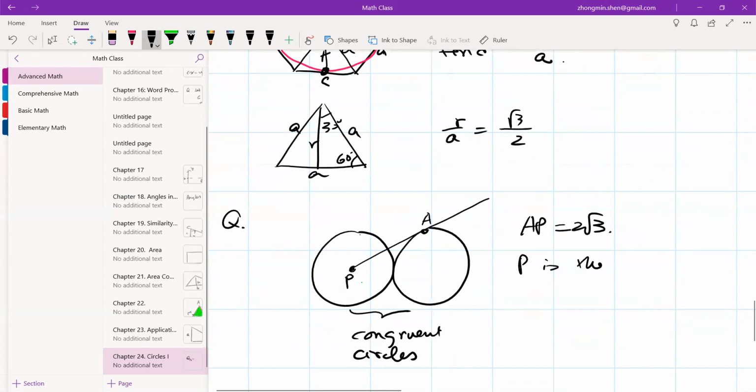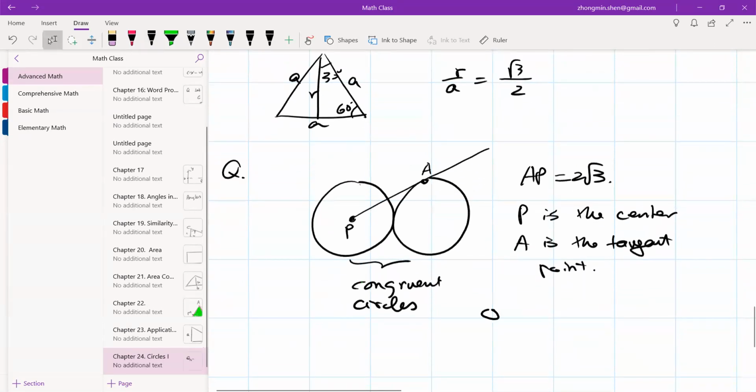P is the center, okay? A is the tangent point, okay? What is the radius? Can you figure out the radius? What is the radius of a circle?